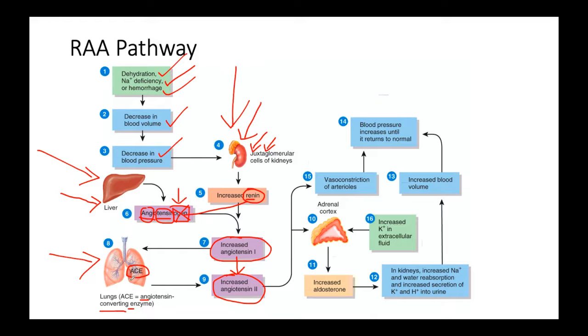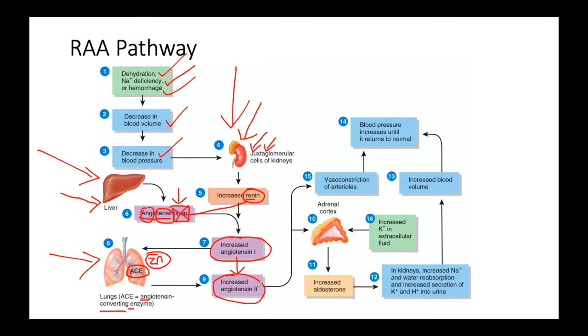The lungs produced ACE, angiotensin converting enzyme, which, by the way, is zinc dependent. Zinc is not just important for the immune system, it's really important for lung function as well. So now ACE was involved in converting angiotensin 1 into angiotensin 2.